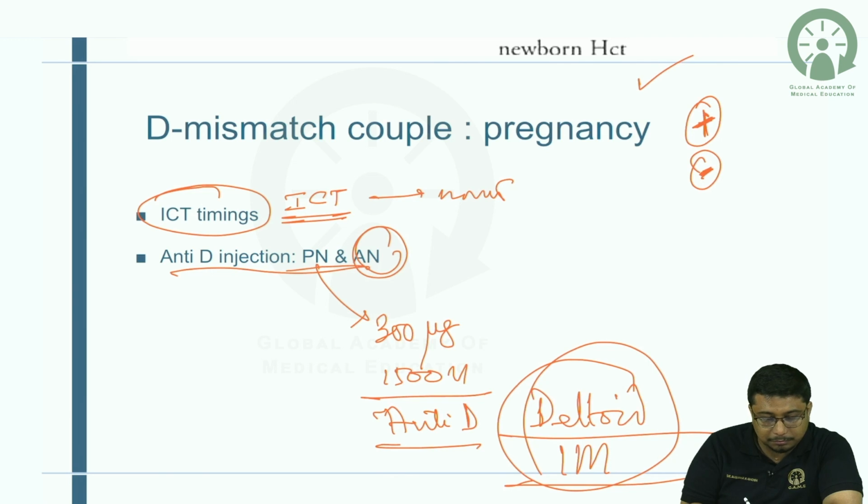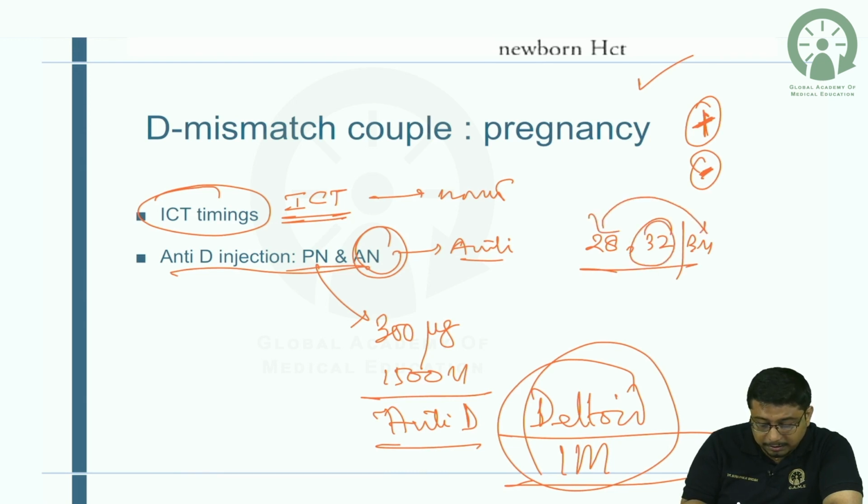Antenatal dosing of anti-D is a recent thing that we give at 28 and 32 weeks, sometimes 34 weeks. One dose or two doses, usually 32 weeks one dose or 28 and 34 two doses, to prevent sensitization. But remember, even if we give antenatal anti-D, that doesn't mean that we will not give postnatal.